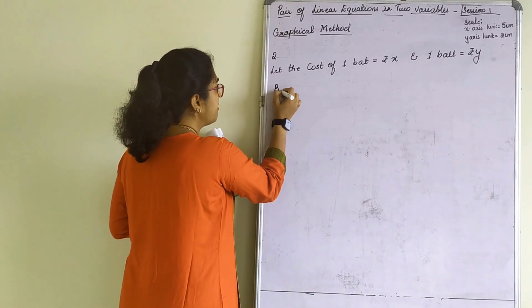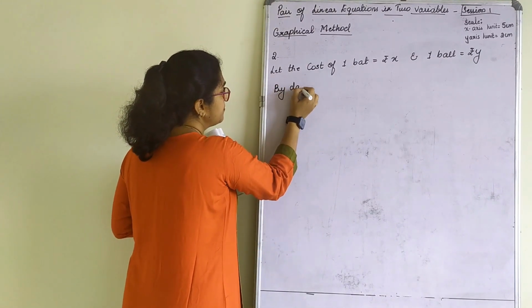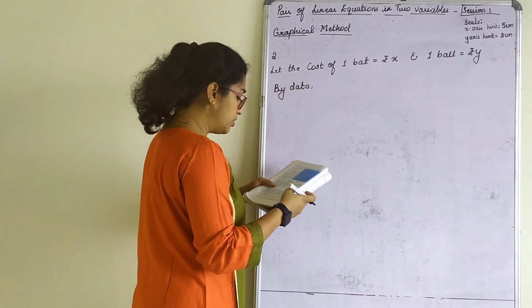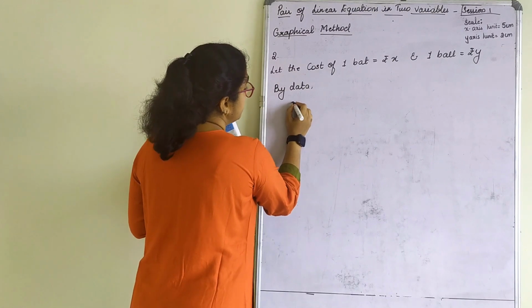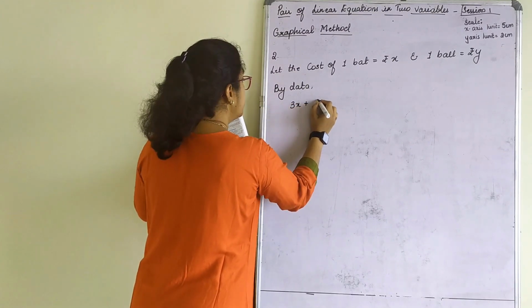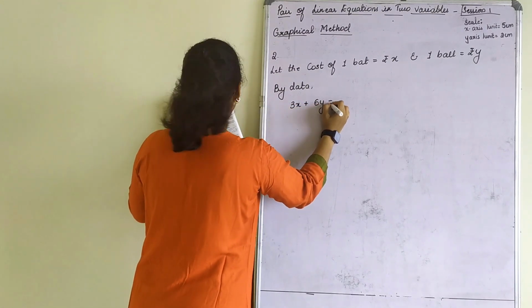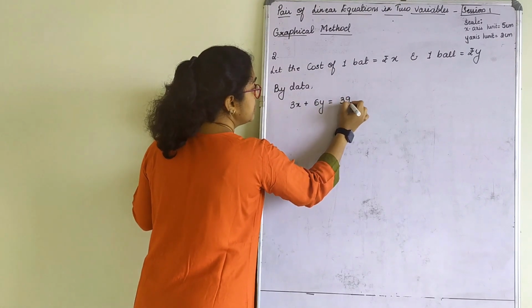This is a direct question. According to the question, you directly write 3 bats, that is 3x, plus 6 balls, that is 6y, is equal to 3,900.